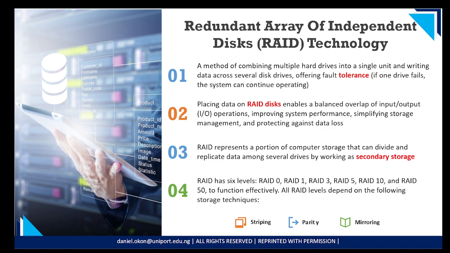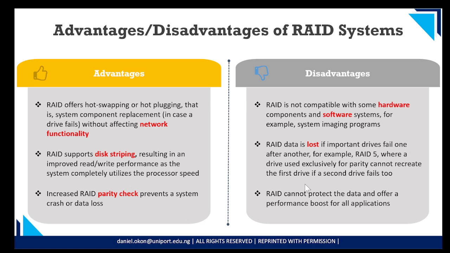So RAID has several levels, and all those levels depend on striping, parity, and the ability to mirror themselves very, very well. What are the advantages? RAID, that is redundant array of independent disks, offers hot swapping. Hot swapping means that while the server is still on, when something is on, you call it hot.